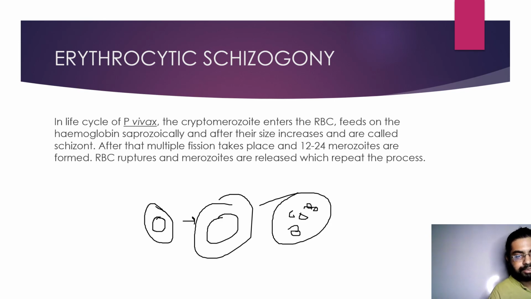After this the RBC ruptures, means it gets destroyed, and these merozoites are released, which repeat this process. So this is the life cycle of Plasmodium vivax, also called erythrocytic schizogony.